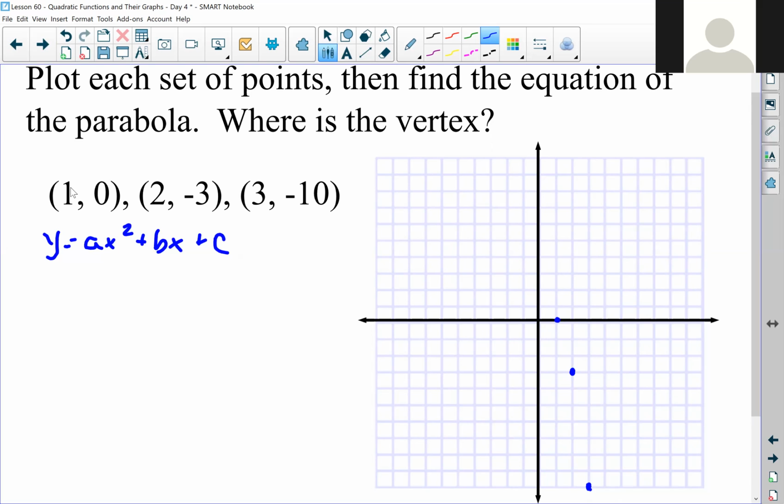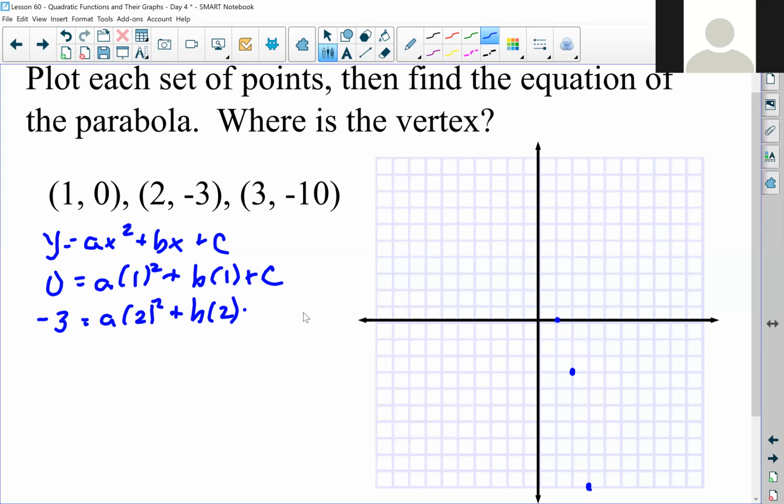We take the x value and plug it in for x and the y value for y. So we get 0 equals a times 1 squared plus b times 1 plus c. The second equation, negative 3, equals a times 2 squared plus b times 2 plus c.